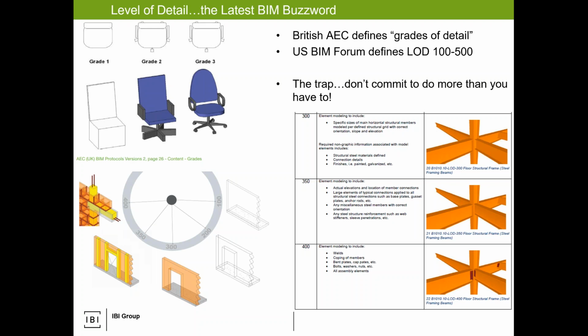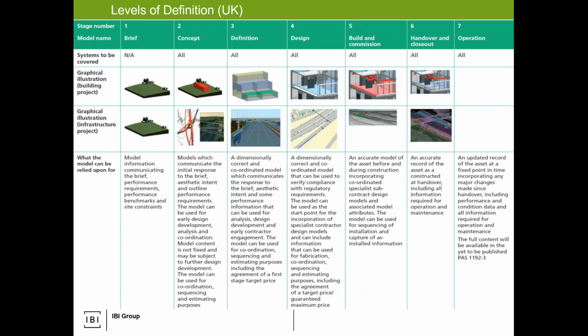So as an architect, if you say to me, give me an LOD 300 model, pretty good, because that's what I need to make my drawings. The higher you go, 350 is shop drawing info, how it's going to be produced and procured. 400 is how it was constructed. 500 is how it's operated. So we're going to talk a lot about the trap there of not overcommitting.